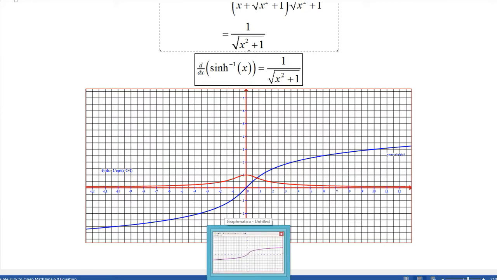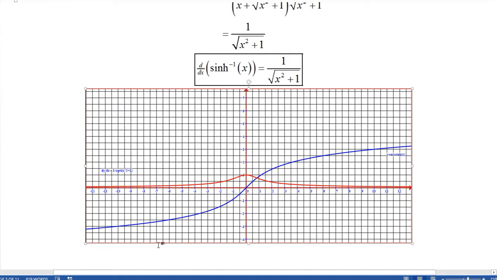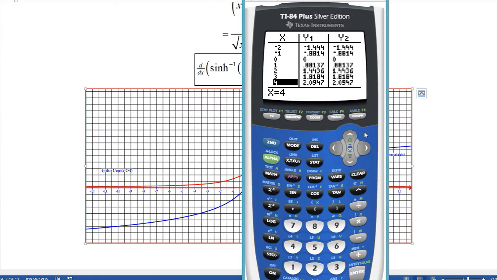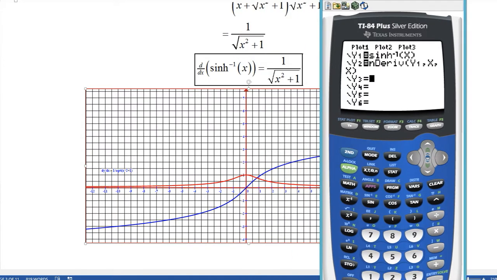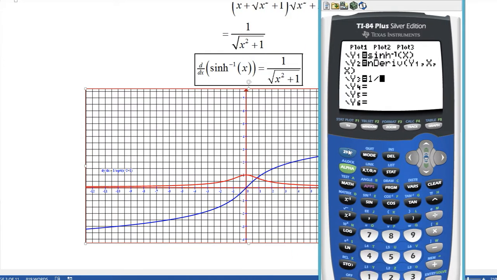We can check it a couple of ways. I didn't check it with the calculator here, but we certainly could. For example, I've got this in here. I can let y2 be the numerical derivative of y1 with respect to x, and let y3 be the derivative that we came up with, 1 divided by square root x squared plus 1.